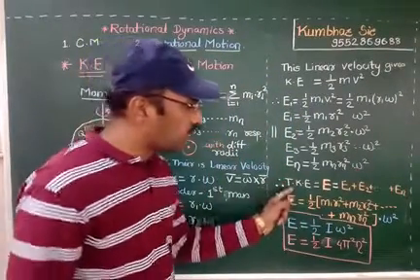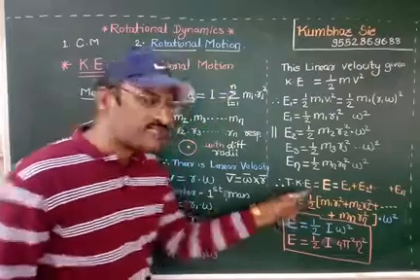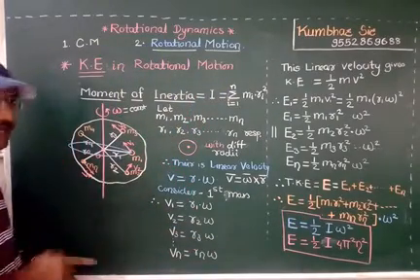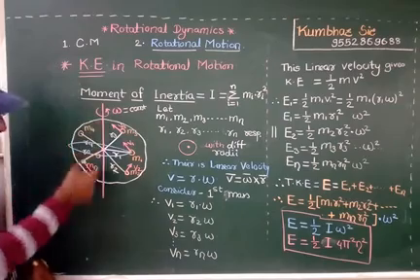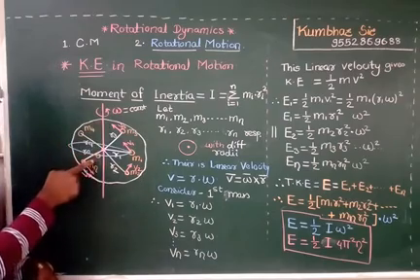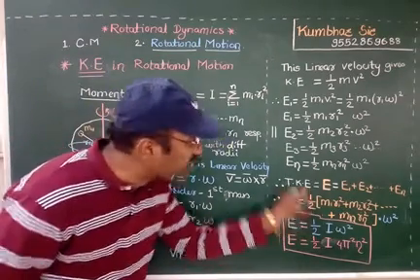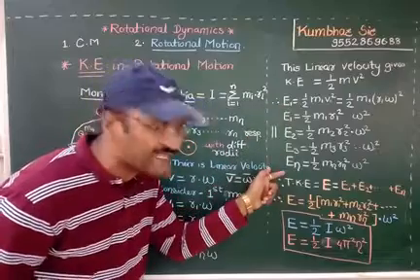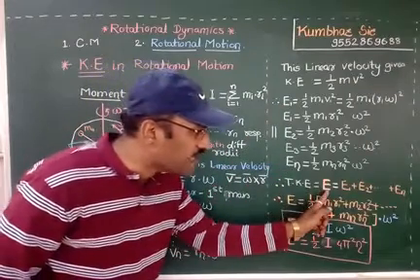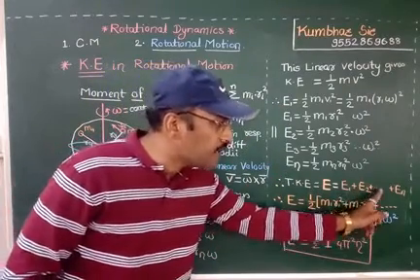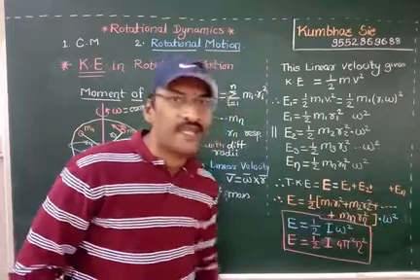Now the total kinetic energy of the whole system, or the total kinetic energy of this rigid body when it is rotating about an axis passing through the point O. Hence, the total kinetic energy is the sum of all kinetic energies. Hence, E equals E1 plus E2 plus E3 plus En.